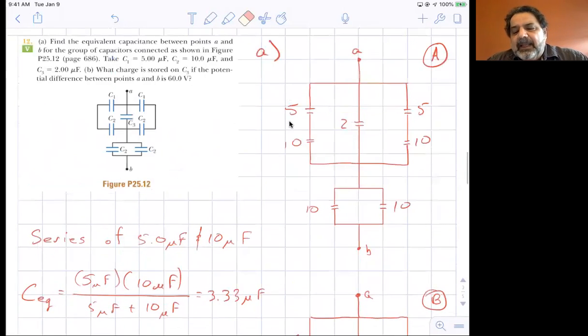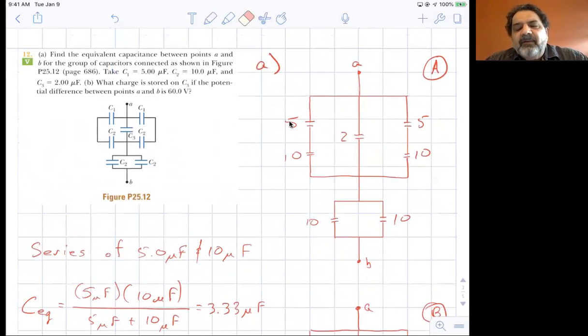Now, let me say something. Whenever you have capacitors in parallel, the equivalent capacitance should always be less than, okay, I misspoke. Whenever you have capacitors in series, the equivalent capacitor is always less than the least value you have.